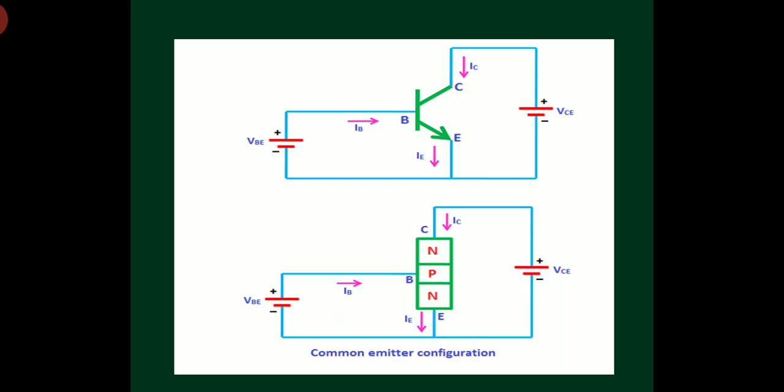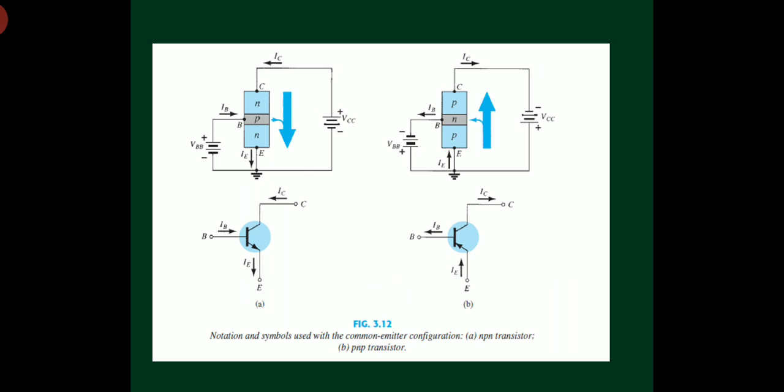Here the input junction is forward biased by voltage source VBE and the output junction is reverse biased by voltage source VCE. Now let us move on to the PNP transistor. On the right side of the screen you are seeing the diagram, it is a PNP transistor.